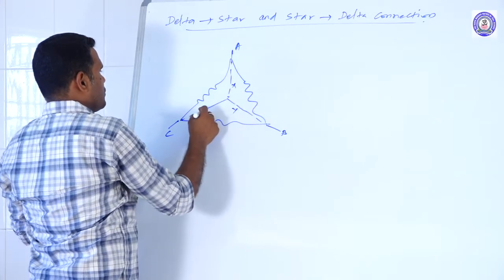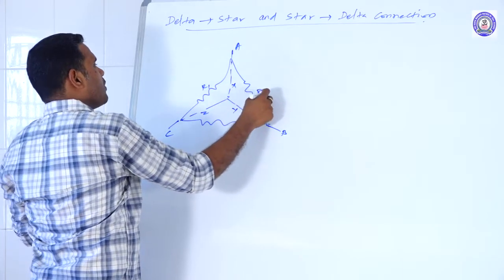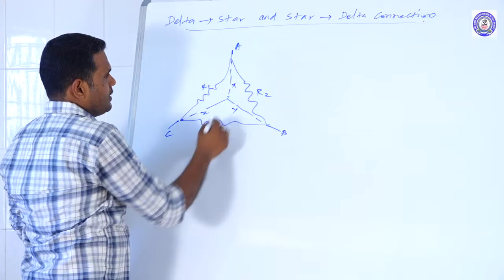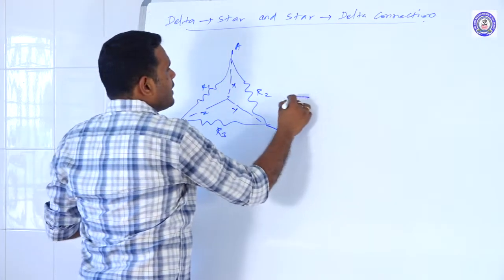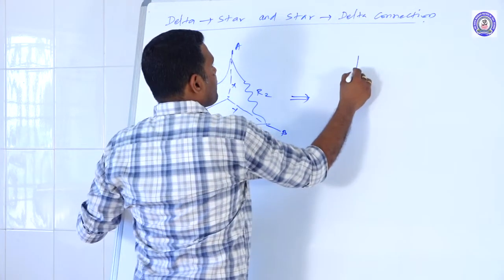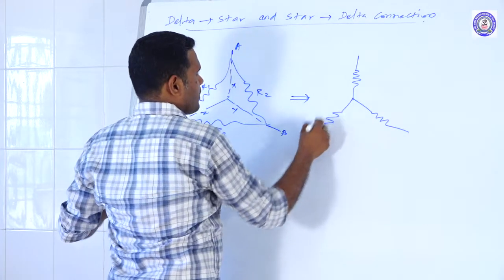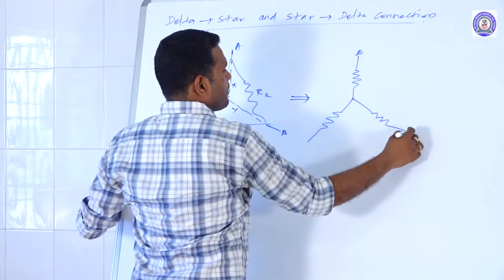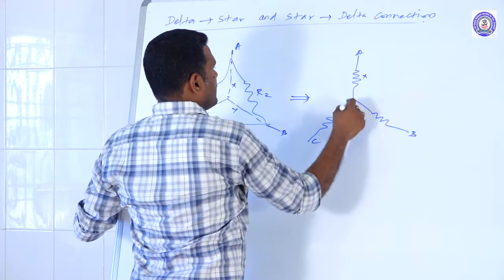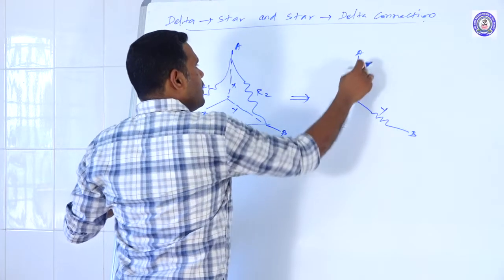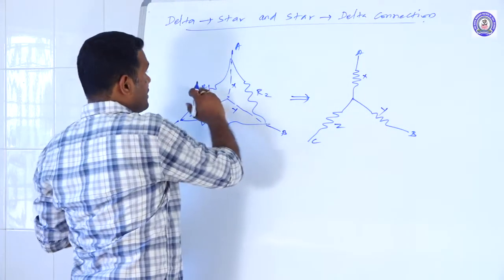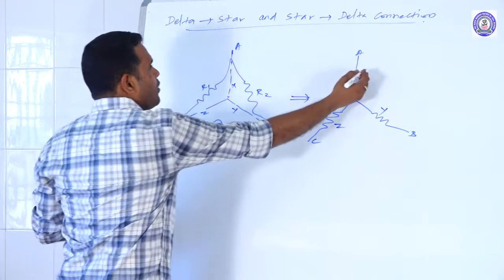a star connection, X, Y, Z. Let us mark this as R1, R2, R3. So this delta can be transformed to a star connection. This is A, B, C, X, Y, Z. How will you convert this delta to star? What will be the value of X?